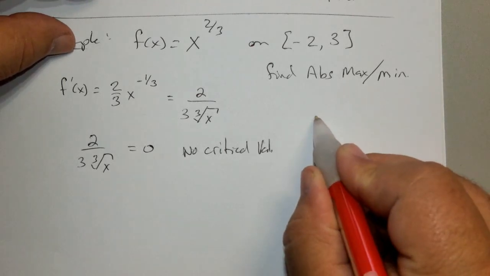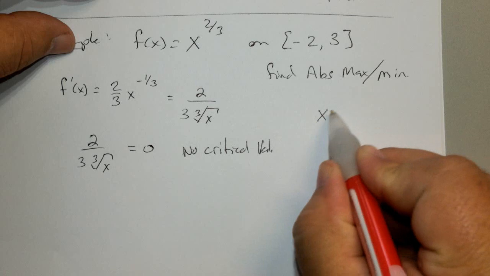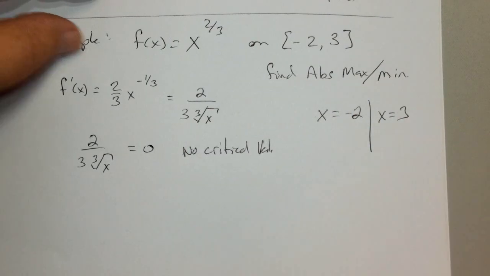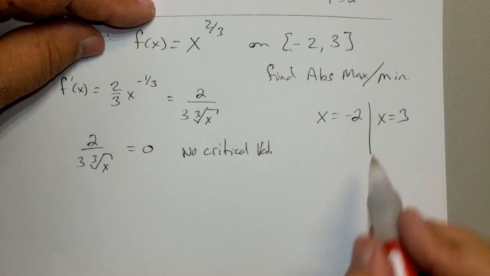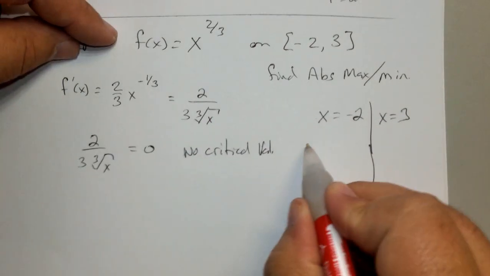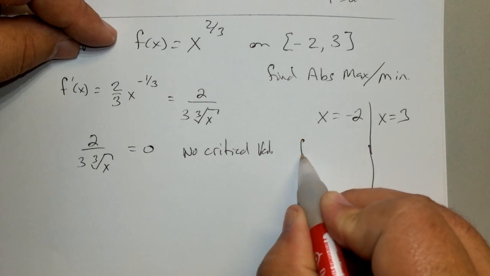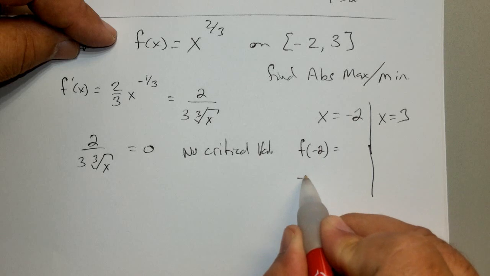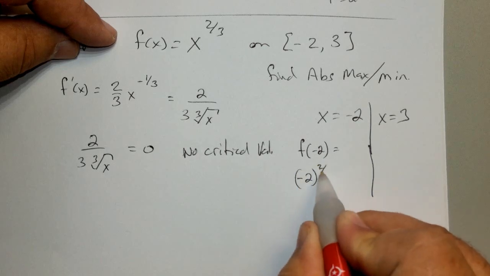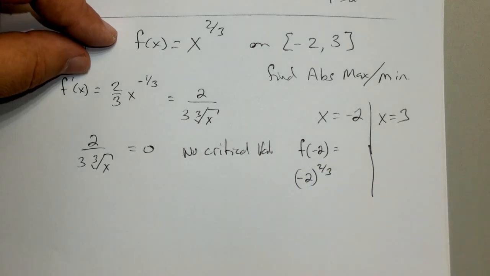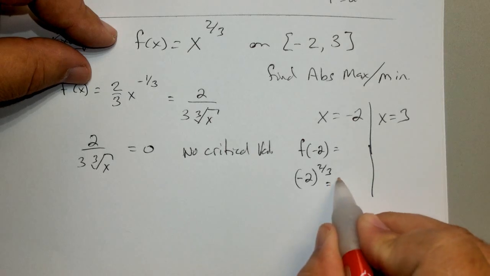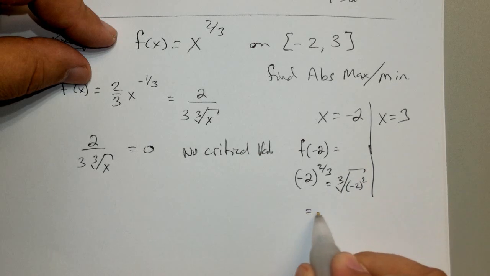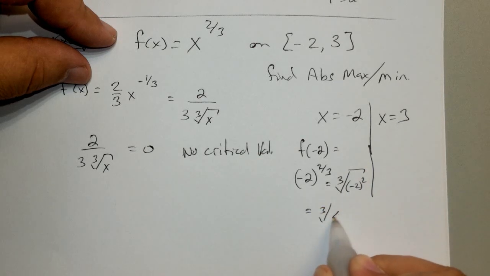And for the critical values, we have to take x equals -2 and x equals 3, the endpoints, and plug them into our original equation. f of -2 is -2 to the power 2/3, which is equal to the cube root of -2 squared, which is the cube root of 4.